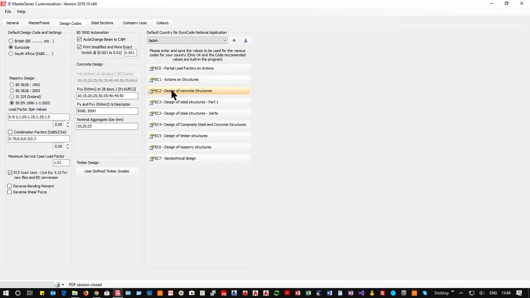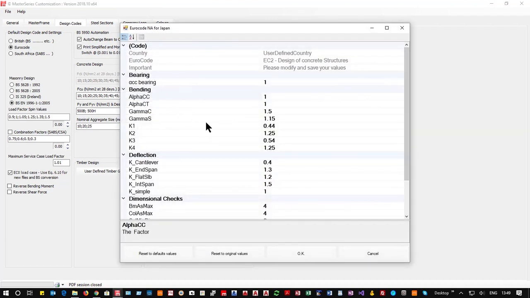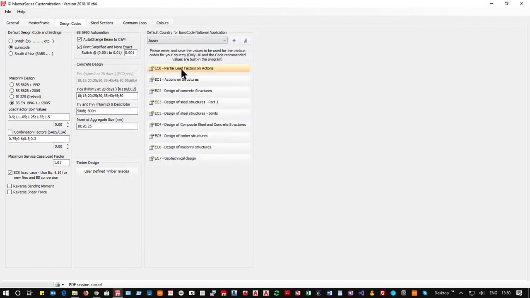For concrete structures, we're going to use a gamma S for steel of 1.05 instead of 1.25, and have that decision, and then say okay. So that's now all changed, but only for that version of the factors.